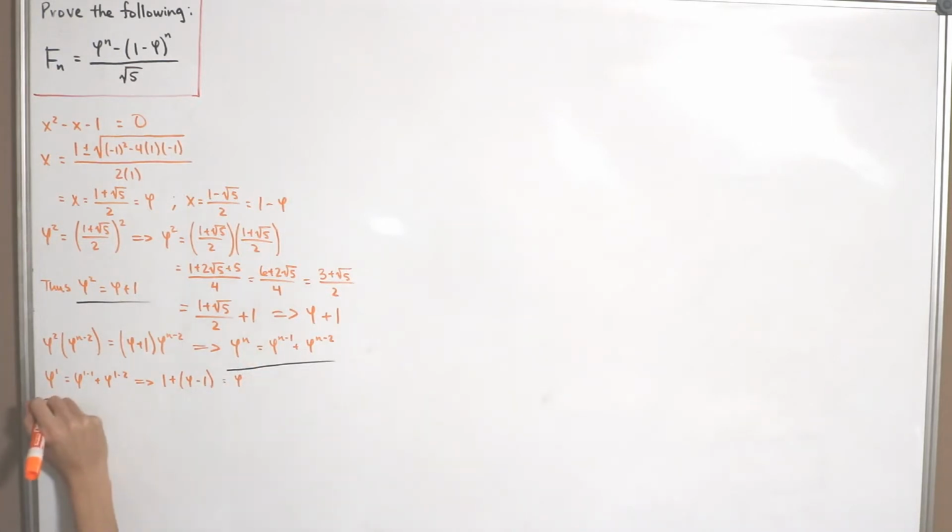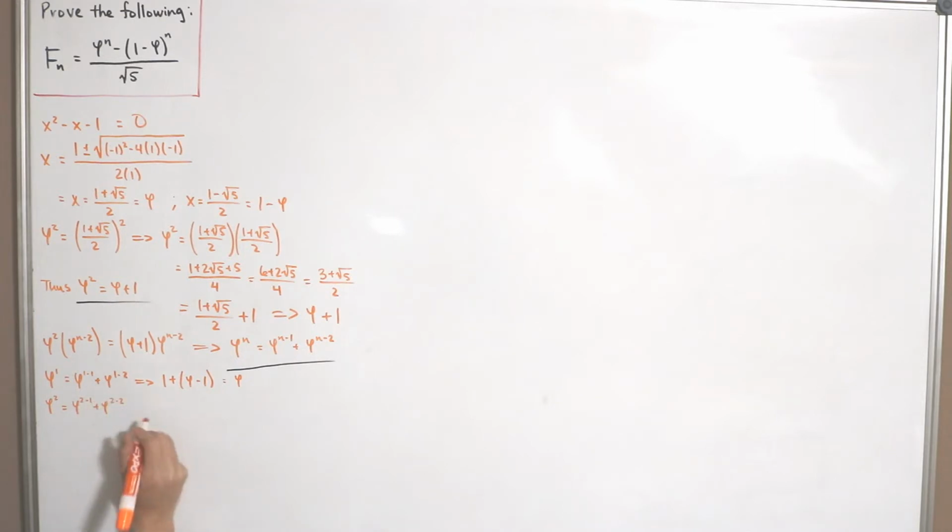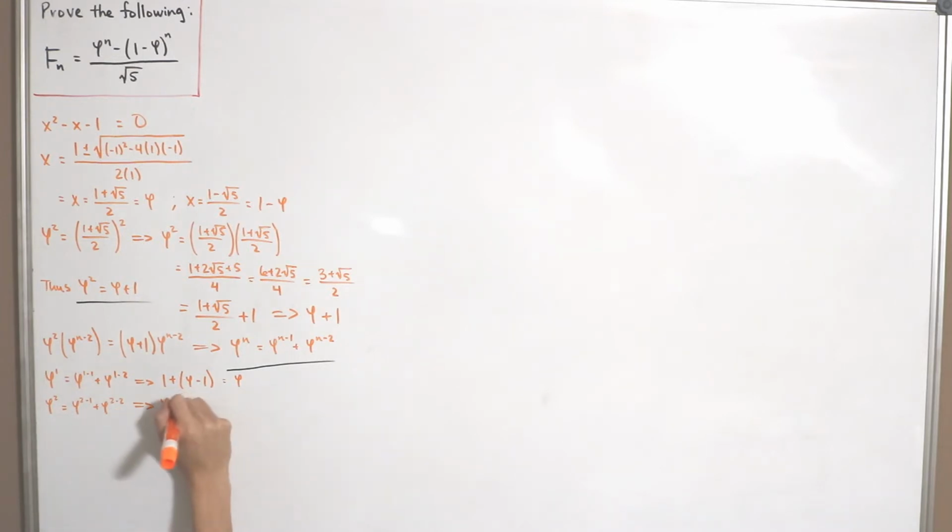Now, next, let's do 2. So this is phi to the 2 minus 1, and then plus phi to the 2 minus 2. So phi to the 2 minus 1 is just phi, of course, and then plus phi to the 0, so that's just plus 1.